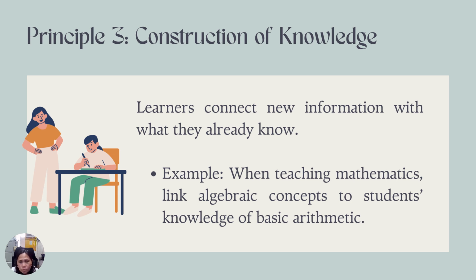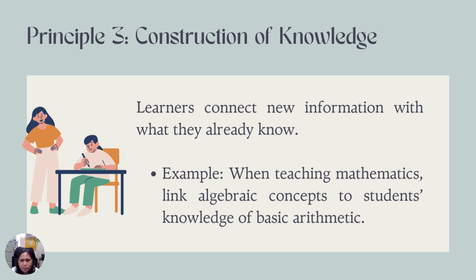We do not assume that a certain subject matter was already tackled. Since it's part of the lesson in grade 12, it's assumed that they fully grasp the lesson. So we always have that pre-assessment, to know what level of understanding they're currently in, so that we would know how to connect. For example, in mathematics, a teacher introducing algebra might begin by linking it to arithmetic operations students already understand.